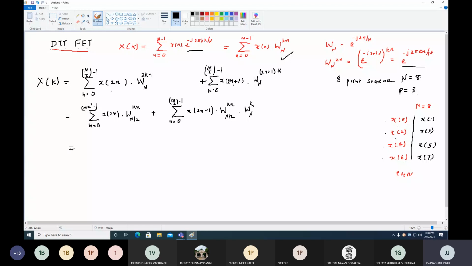So this is equal to g of k, plus, as this can be taken in common, this can be taken outside. So I can write down W_N raised to k into h of k.